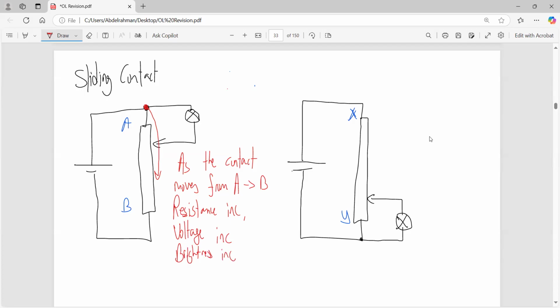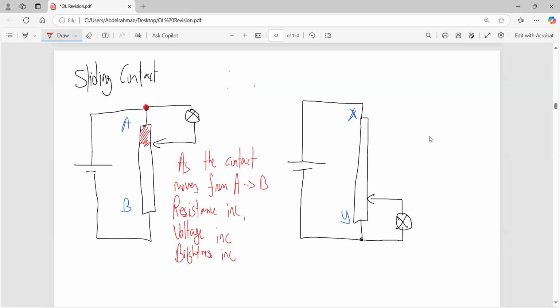The resistance covered. What do I mean by the resistance covered? At this point, it's only covering this part of the resistor. As the sliding contact moves downwards, it covers a larger part of this resistor, and therefore the lamp becomes parallel to a greater part of it.